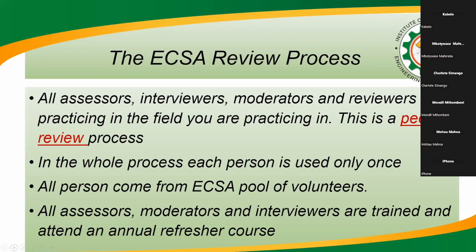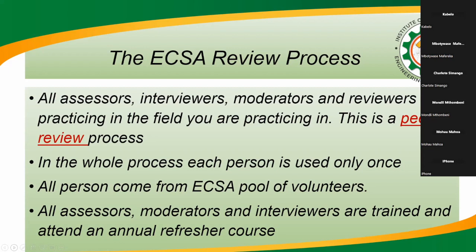And every year we have to attend a refresher course for assessors, moderators, and interviewers to keep us up to date with the latest requirements, because they do change yearly. There might be a small thing, but it can have a big implication. Okay, next slide. Yes, I just want to explain the peer review process a bit.